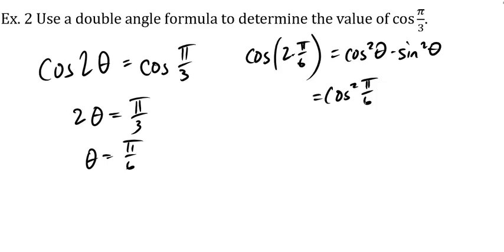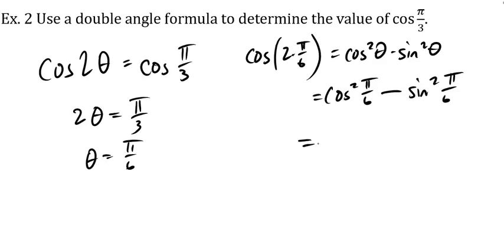That's our theta. It's 2 times that, but we want theta when we move into the actual formula. Not 2 times theta, theta. I think some people would put pi by 3 in there, thinking 2 times pi by 6 is pi by 3. But that's not what we want. We want that, minus sine squared of pi by 6.